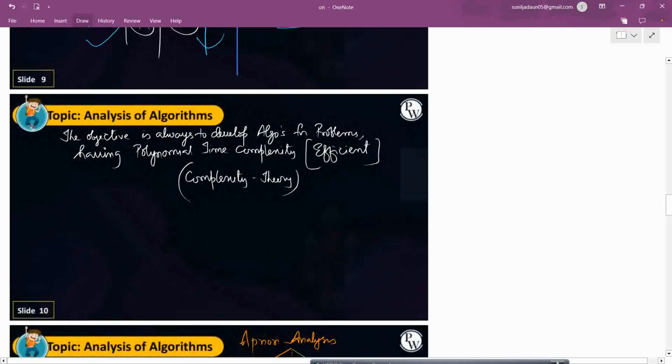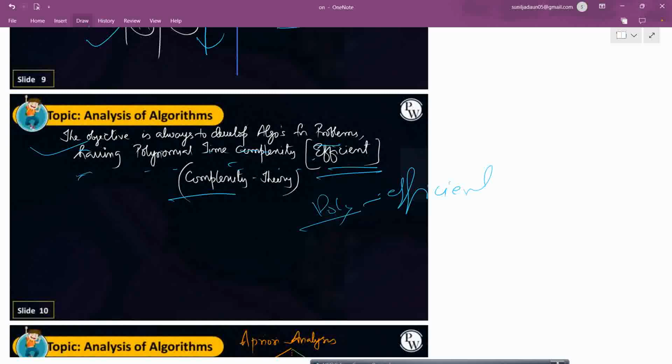So the objective is always to develop algorithms for problems having polynomial time complexity. If the problem has polynomial time complexity, then it is called an efficient algorithm. That is complexity theory.